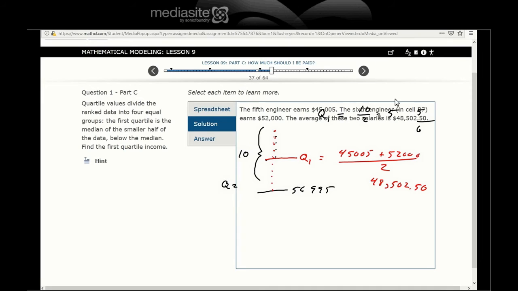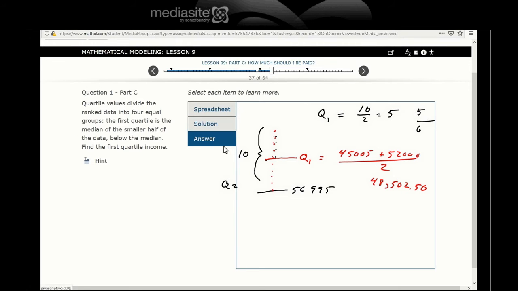Solution: the 5th engineer earns 45,005 and the 6th earns 52,000. Which is what we got.